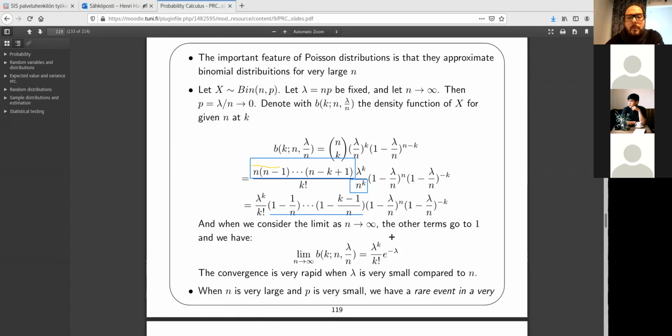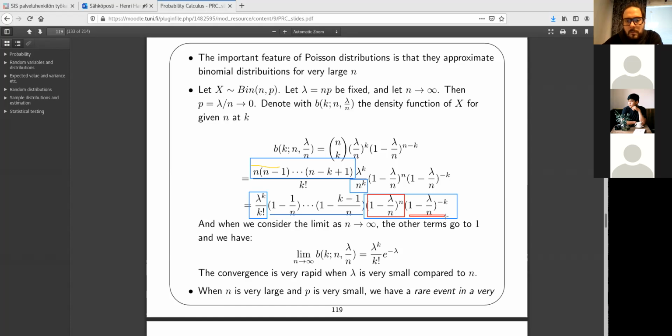Each of them approaches 1 as n approaches infinity. So we are left with these terms here as n goes to infinity. What happens to them? I'm going to use another color, the red box. We know that this approaches e to the power of minus lambda.